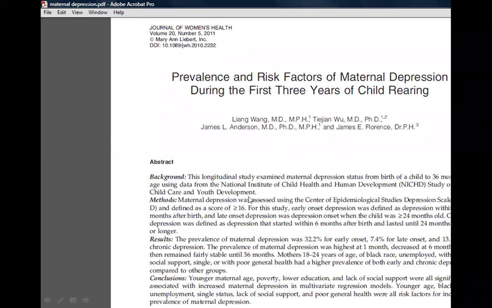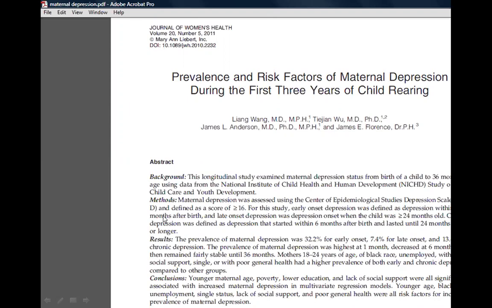Let's see, and so they had a scale that they used for depression, and it was defined as a score greater than 16. For this study, early onset depression was defined as depression within, I'm sorry, it's cut off.